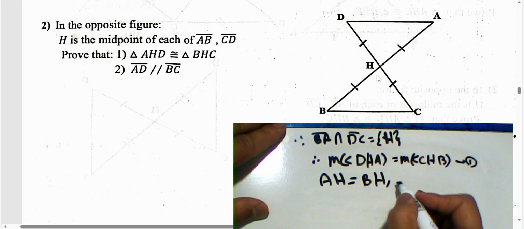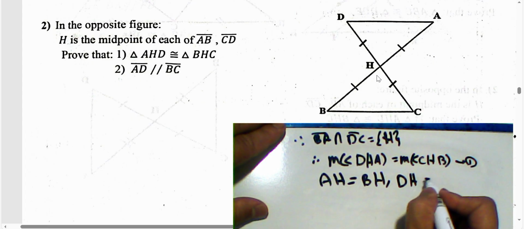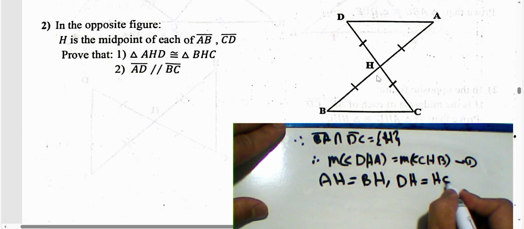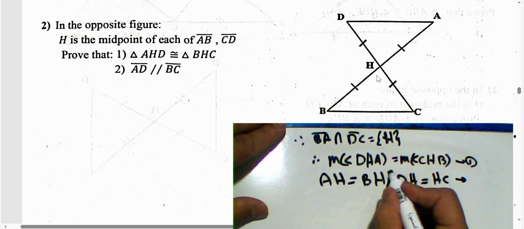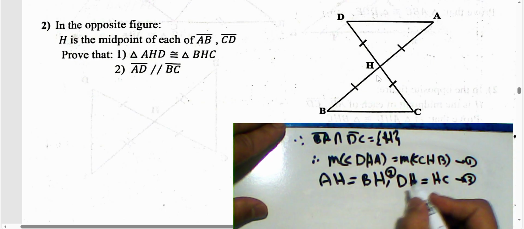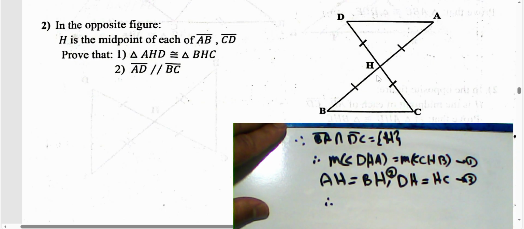And we have DH is equivalent to CH. They are equivalent. It's relation number 2, and relation number 3. For 1, 2, and 3, then we have this relation about the second condition, about side angle side. It's the second condition about two triangles. Then the two triangles will be congruent.